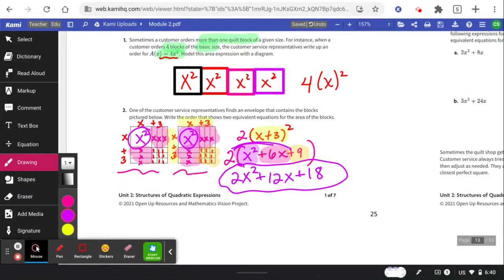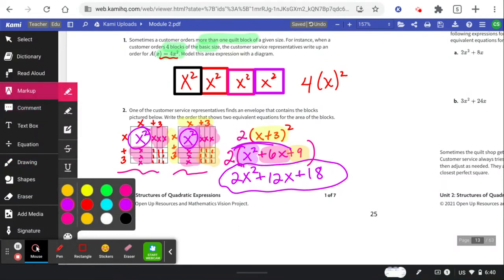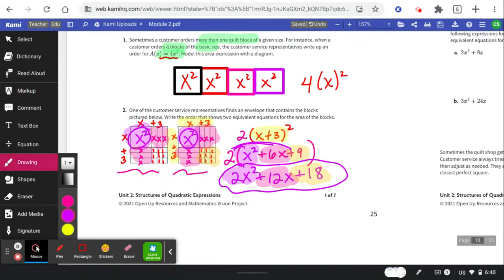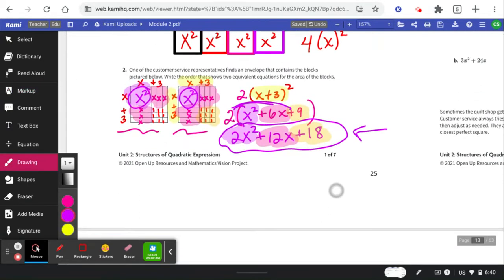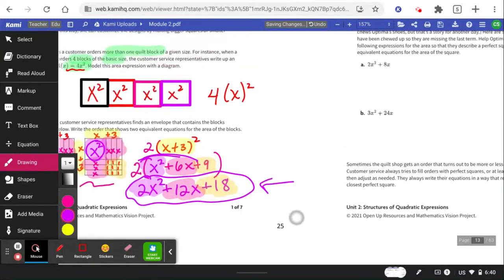This is the new equivalent expression that matches that diagram with my x squareds right here, my 12 x's represented here, and my 18 constant little ones right there at the end. There it is.